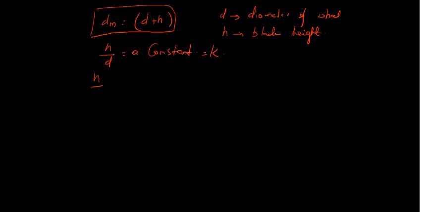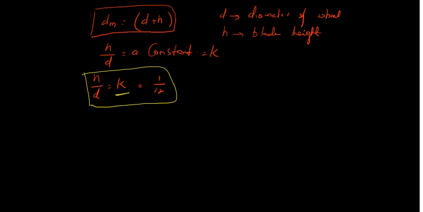That is, h by d can be written as k, and that k value is 1 by 12. What is the value of k here now? k equals 1 by 12. Is this clear now? You remember this value. The h by d relation is specified as k, and that k value is a constant, and that constant is nothing but 1 by 12.